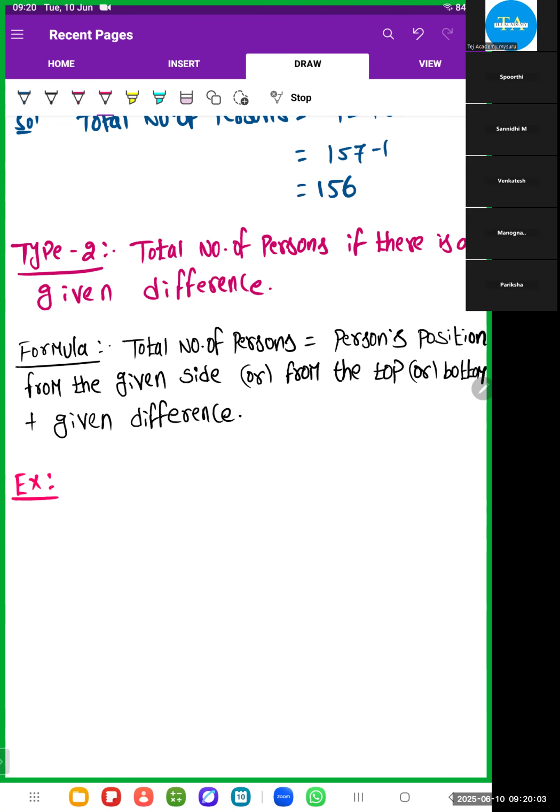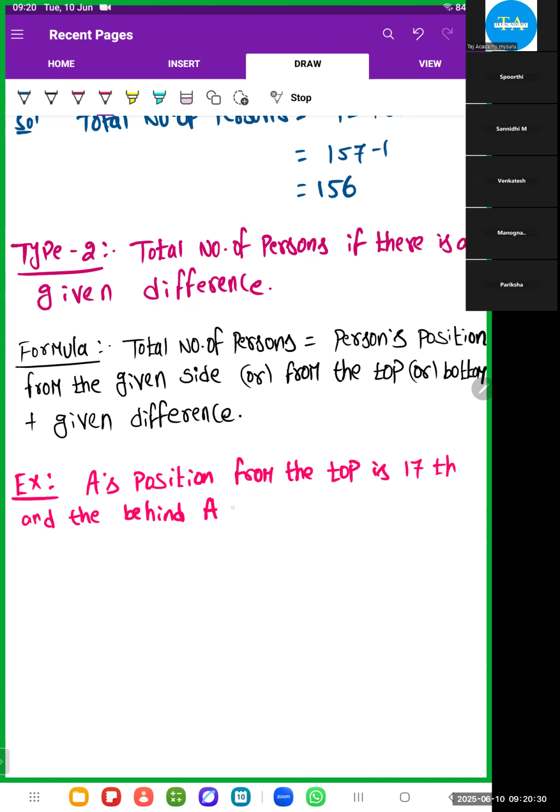Example: A's position from the top is 17 and behind A there are 7 persons.